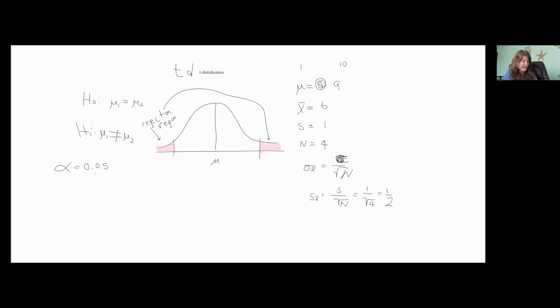But now we're not using the standard normal distribution. We're not using the sampling distribution of the means. We're using the t-test. So we're going to go to the t-distribution.